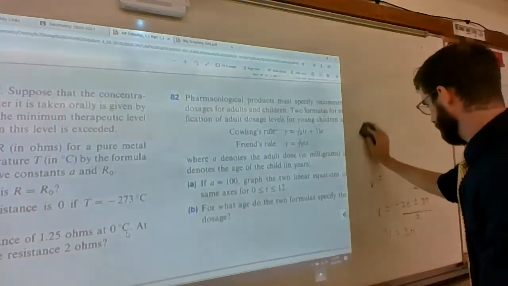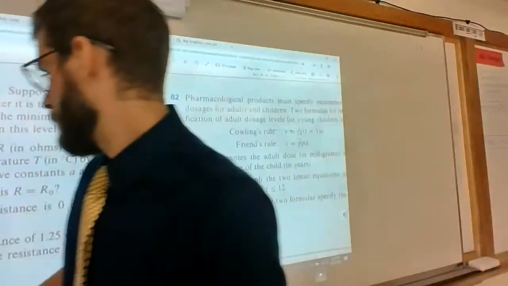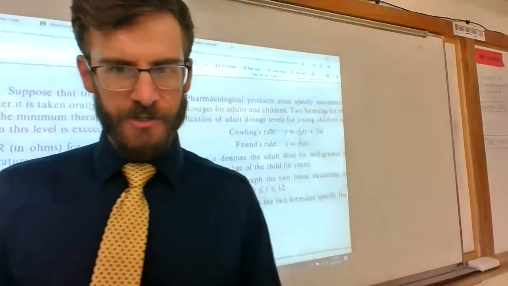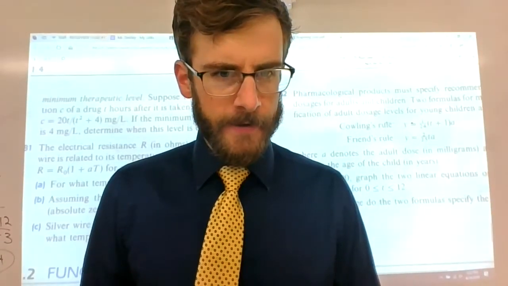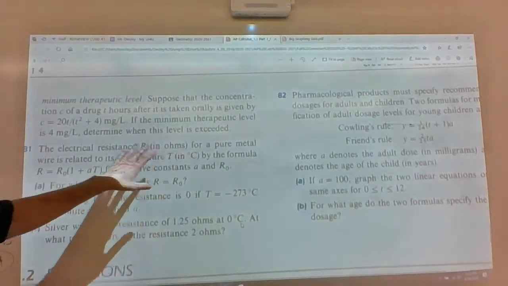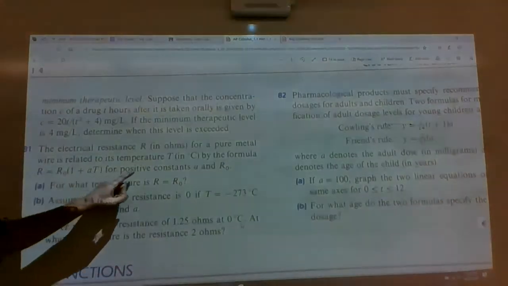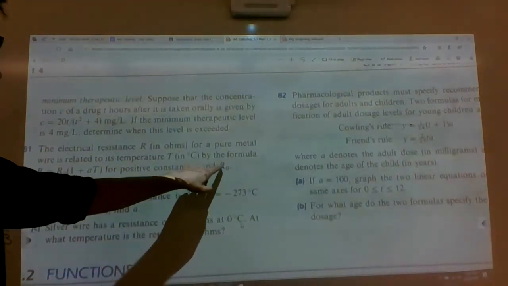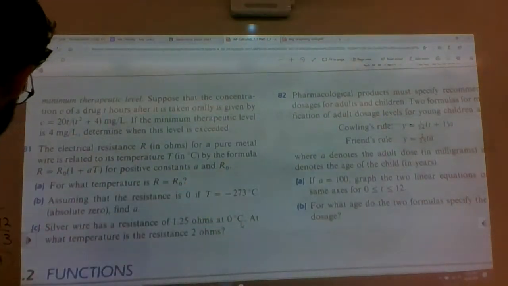So you read through that. They're giving us an equation. Yeah, right there, number 81. The electrical resistance R gives us the equation, and these are constants A and initial R. That's what that sub-zero means.